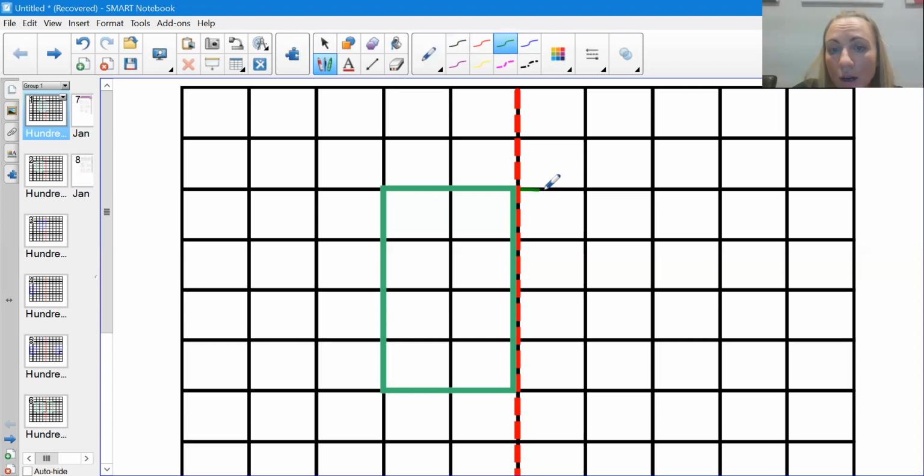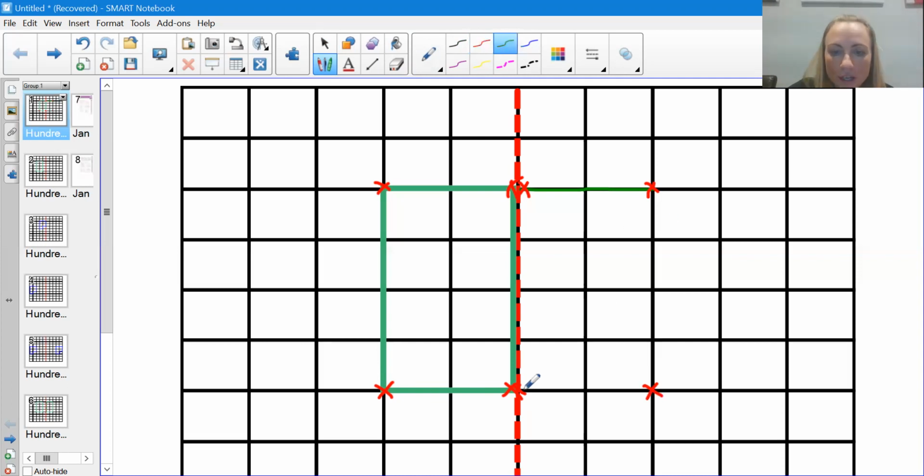Okay, and I'm going to go 2 squares, and you'll obviously use your ruler, and then this point here is this point here. This point here will be here, and this one here will be 2 away from the mirror line.